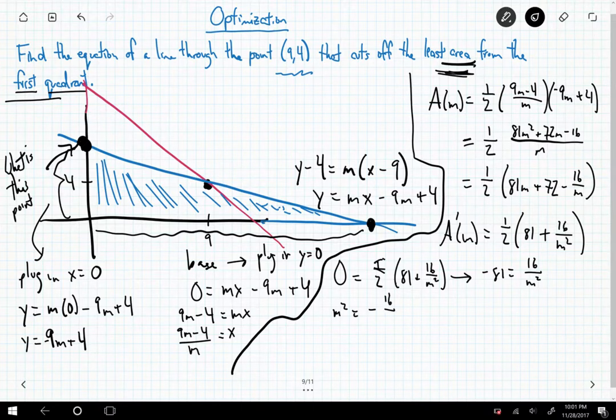Did I make a mistake there? Yeah, I must have made an error here real quick. Hold on, I've got to backtrack just slightly.